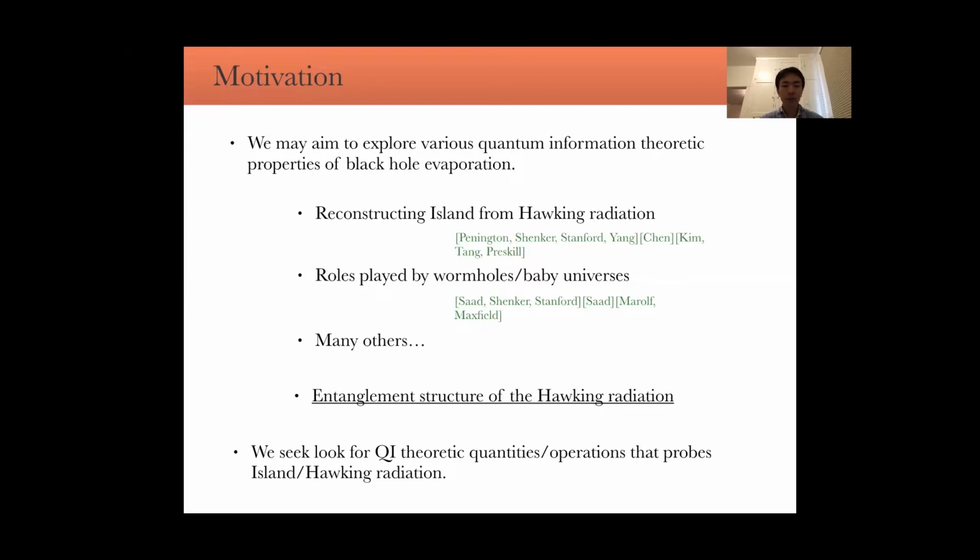So in this talk, we seek quantum-information-theoretic quantities or operations that probe the entanglement island, the black hole, or the Hawking radiation.